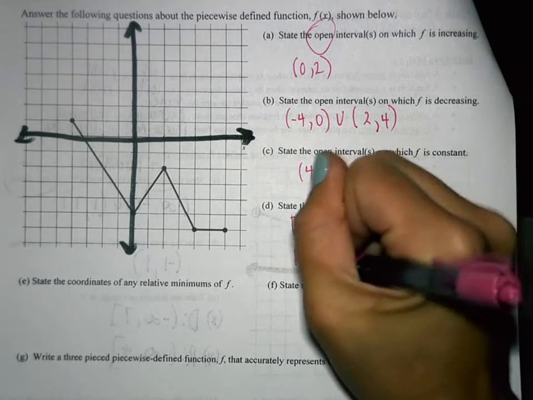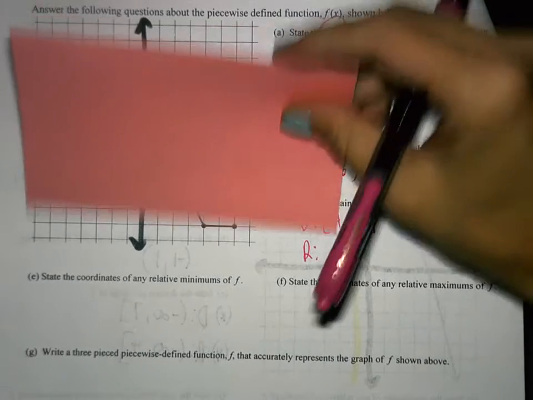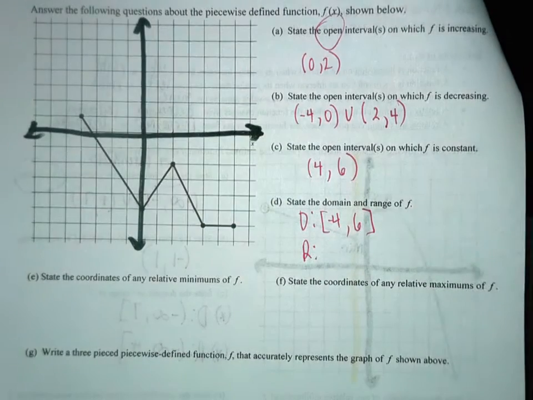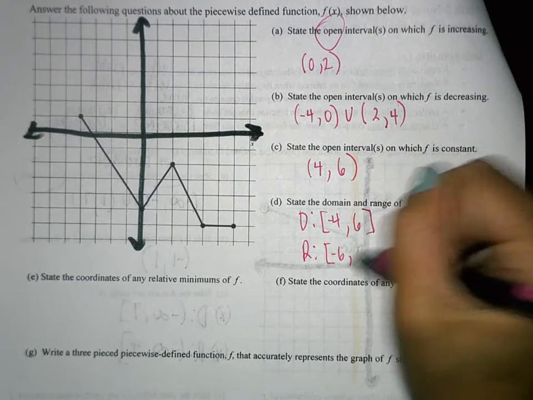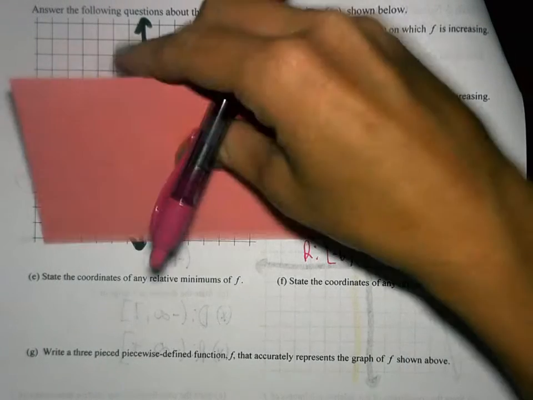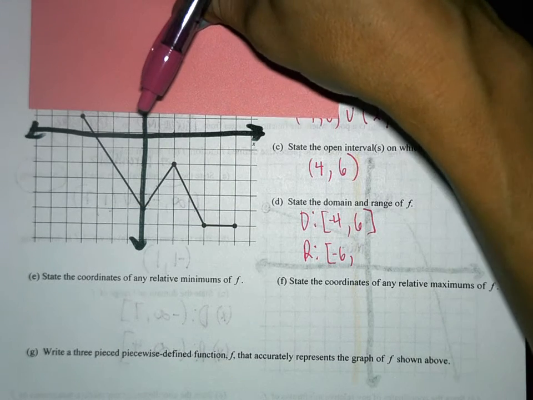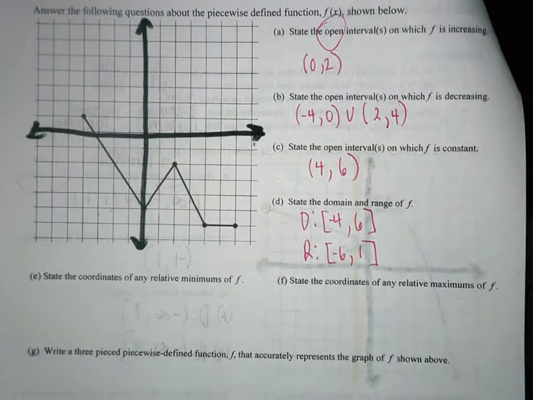Range. What is my smallest range value? Where is the smallest value on the y? Good. Negative 6 is correct, and we're going to use a bracket because it's equal to. And then as we go up on our y, our highest range value is at 1, also using a bracket. Any questions there?